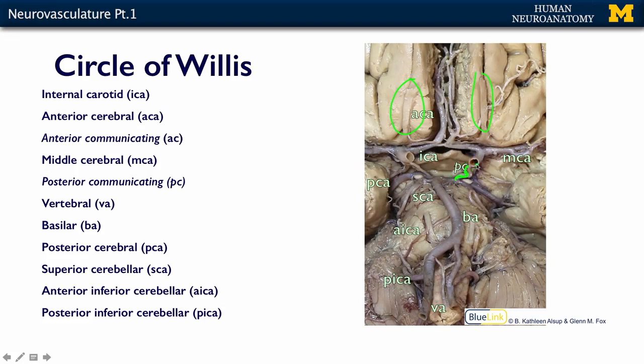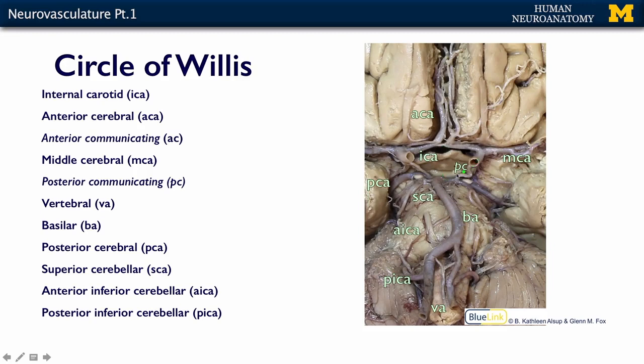The internal carotid splits into the middle cerebral artery and the anterior cerebral artery. And then here, I'm going to erase this right now so that I don't obscure the imagery for you. You can just see the anterior communicating. It's very small.